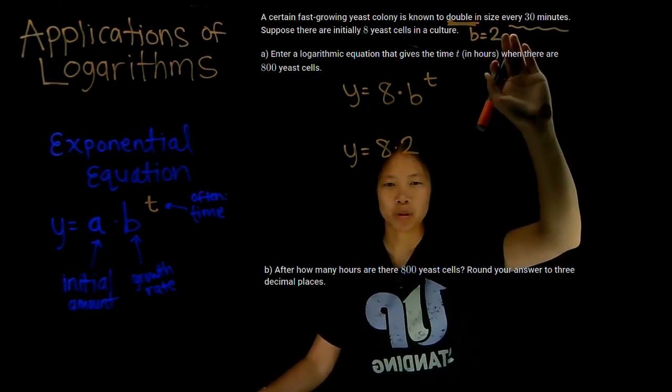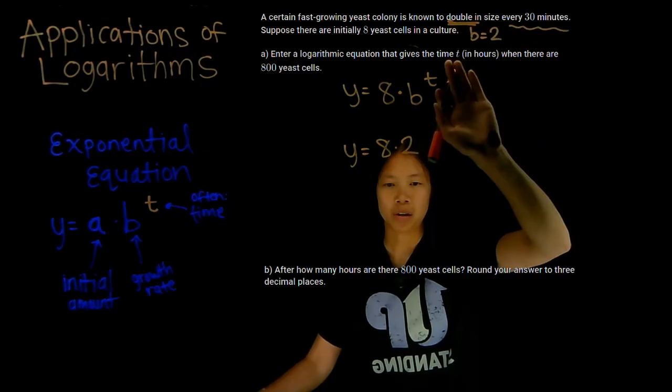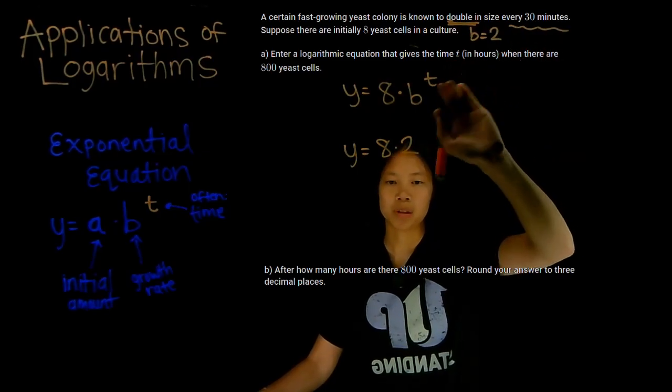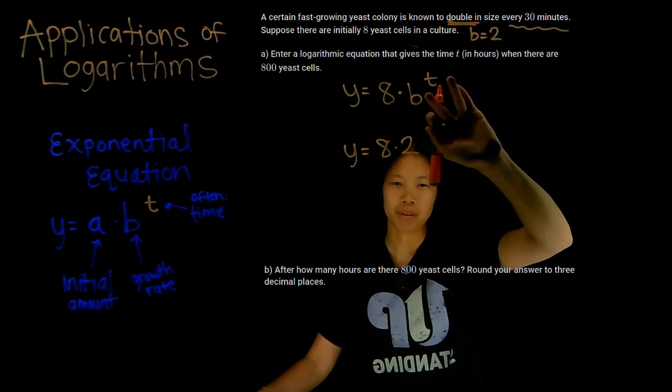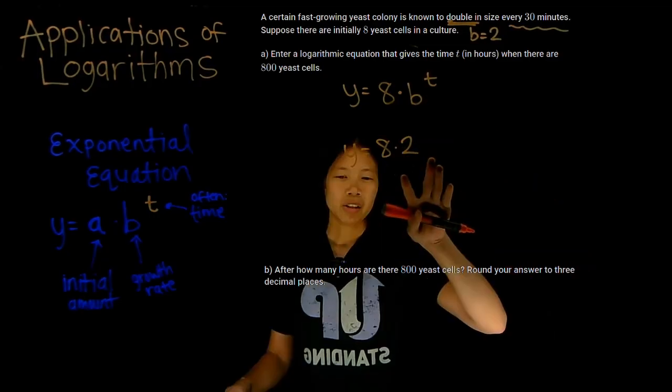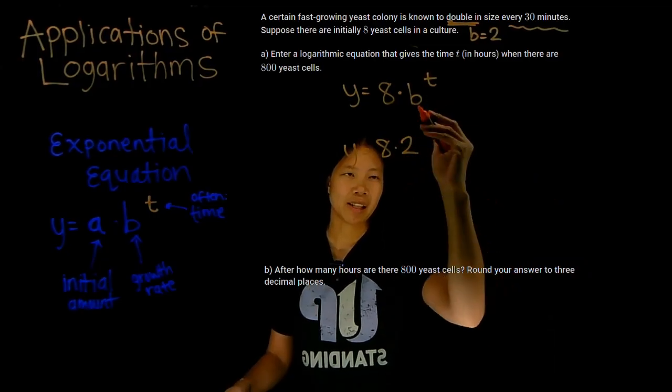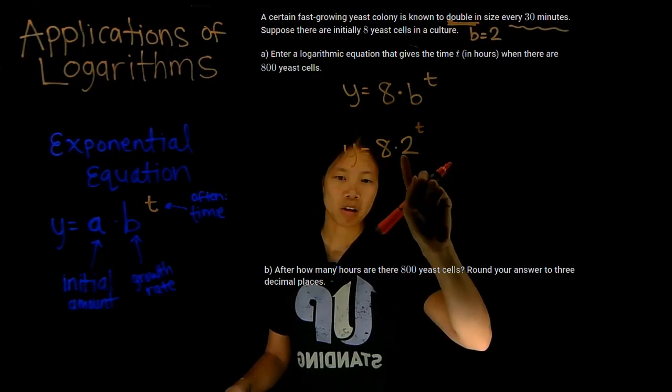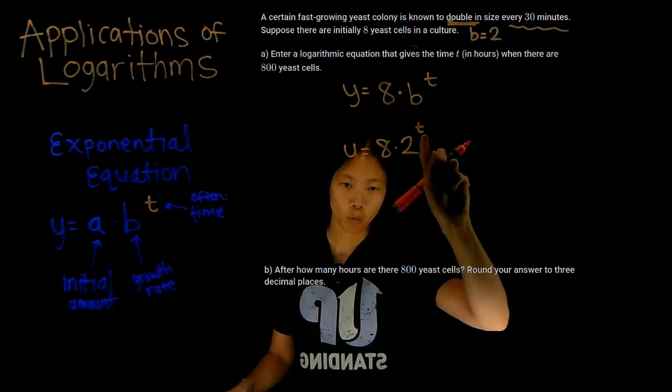However, it tells us that we're doubling every 30 minutes. Our equation frames t in terms of hours, so we need to rewrite how much it doubles. I can't just place t in here because that would mean my yeast colony doubles once in 1 hour.